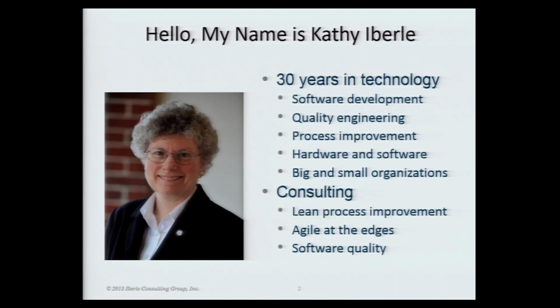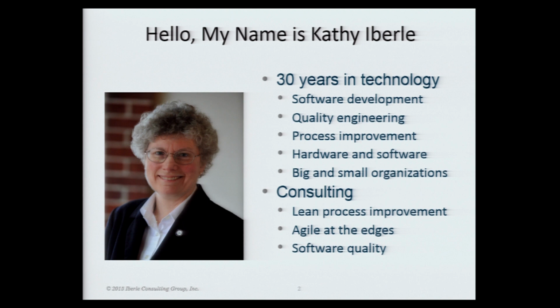Once you understand those things, you can apply Agile in areas outside of software. You can apply it with hardware, with pharmaceutical research, all kinds of things that are not actually software. So today I'm doing consulting in lean process improvement and Agile, for these kinds of edge applications.